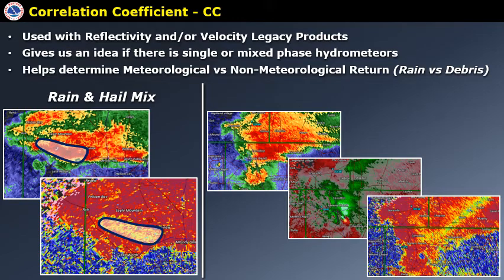The addition of reduced CC values in the encircled areas, and these values are more than likely well below 0.8 or 80% here, yields high confidence in a damaging tornado, but again, you've got to utilize the base radar products such as reflectivity and velocity to really utilize CC. And again, this is probably one of the more robust applications of the dual pole products. This example is from the Dallas tornado back in October of 2019.